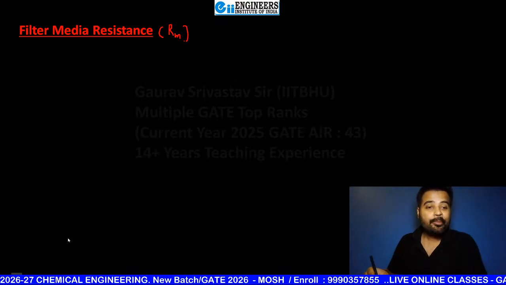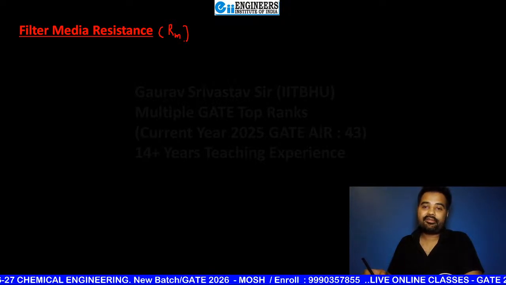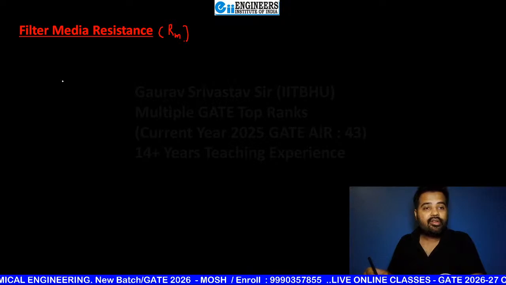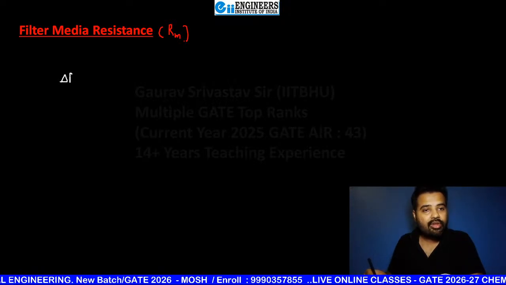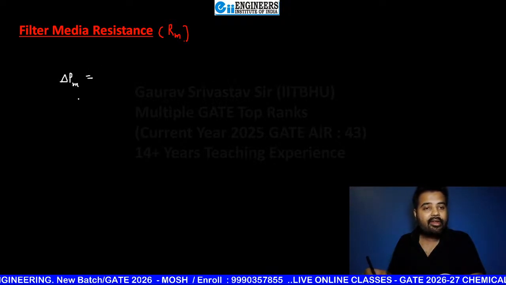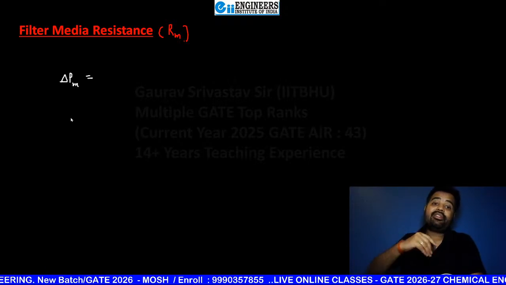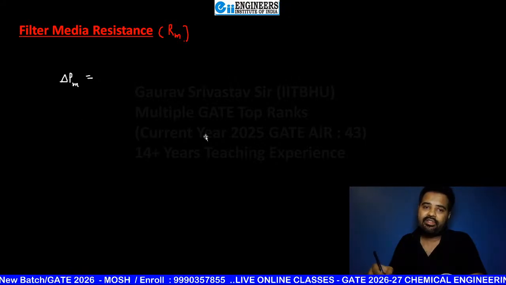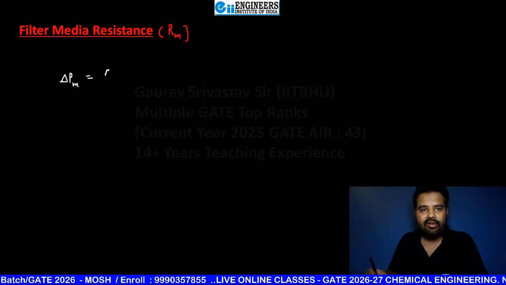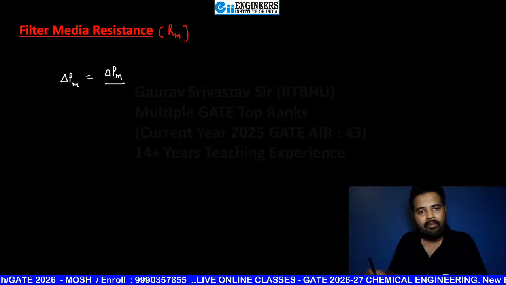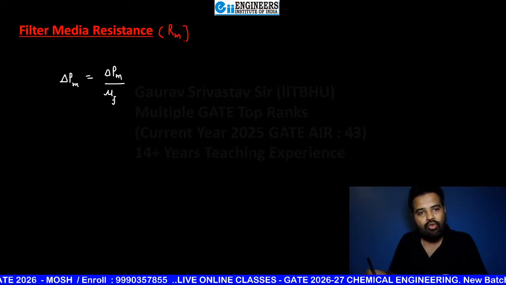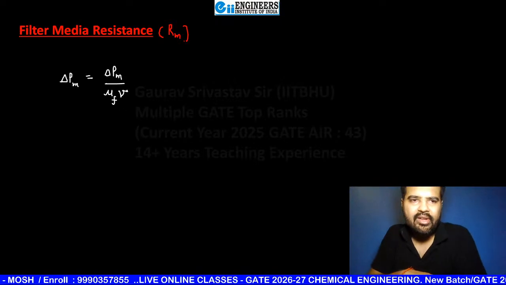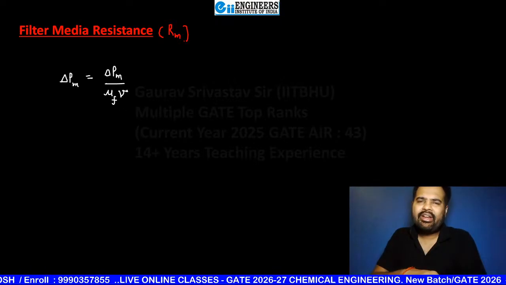So what is filter media resistance? The equation for this one is also similar. In the previous case it was delta Pc upon mu, then V by A by Cv. But here the equation is similar: delta Pm by mu into V. I can derive it, but no need to derive it, as no important intermediate terms are there.